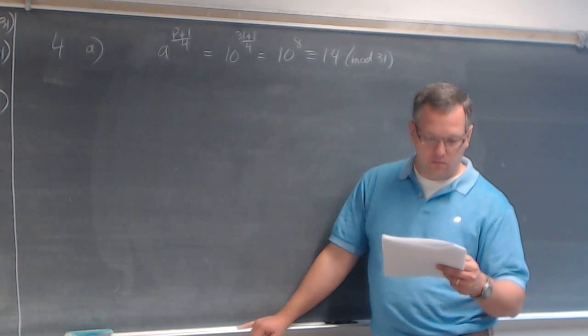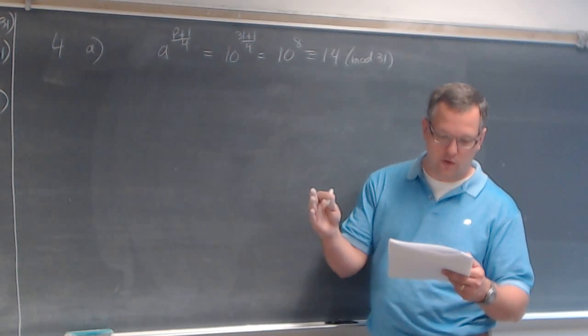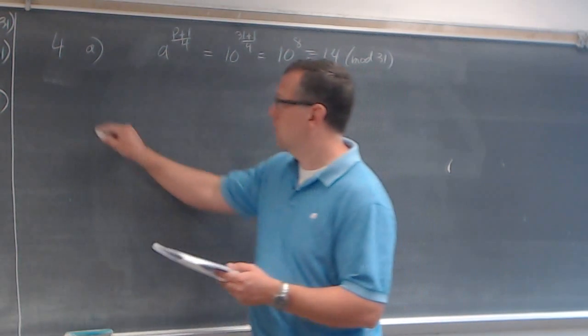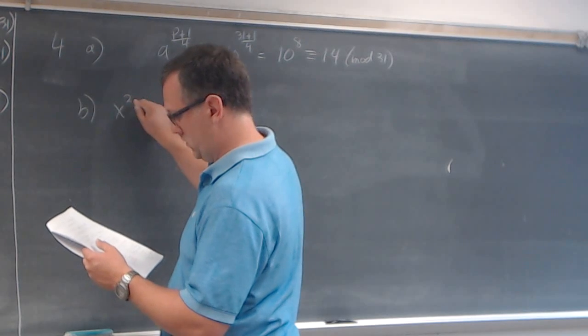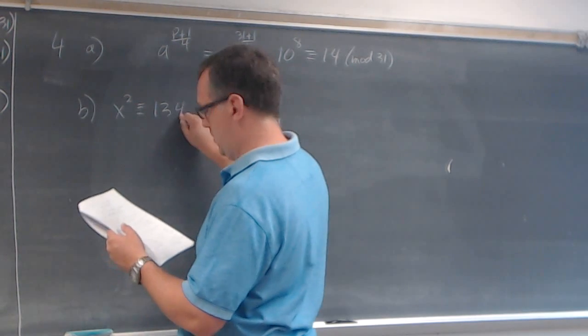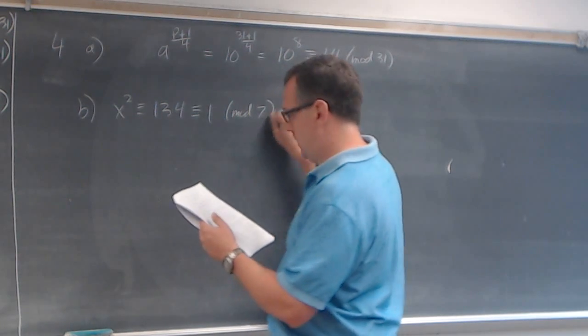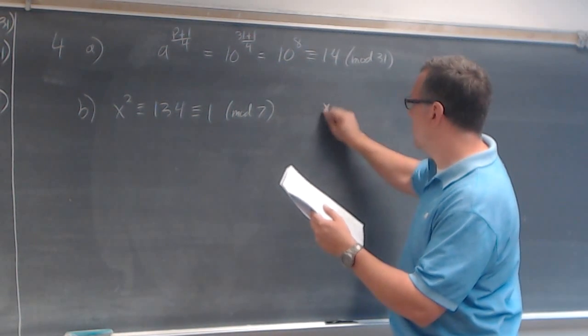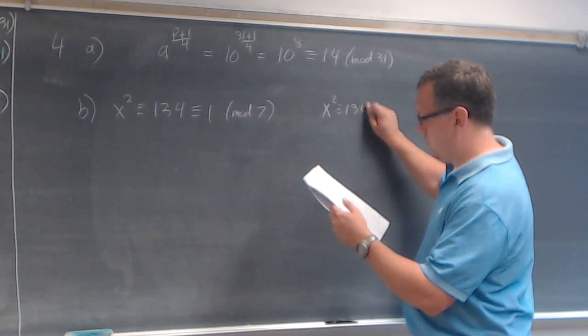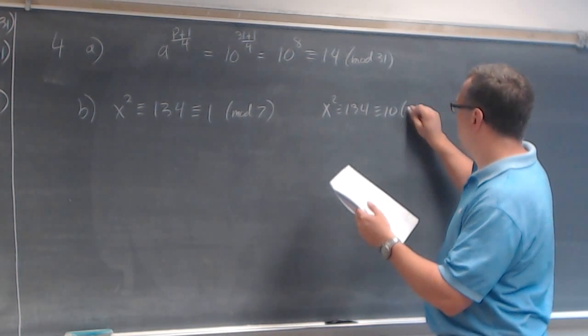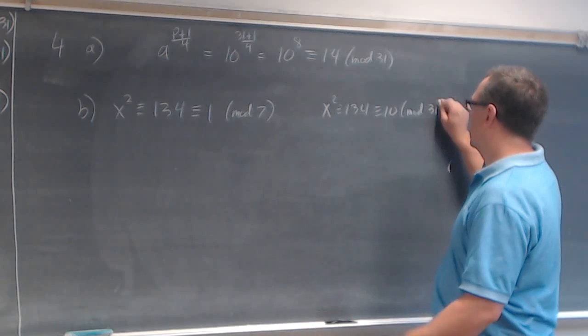And in part B, you solve the congruence x squared congruent to 134, so reduce it to 1 mod 7, and then the other one was x squared congruent to 134, which is congruent to 10 mod 31. We solve those.